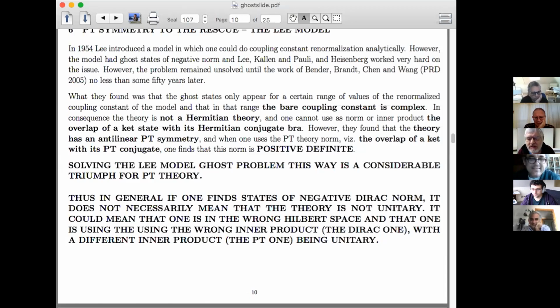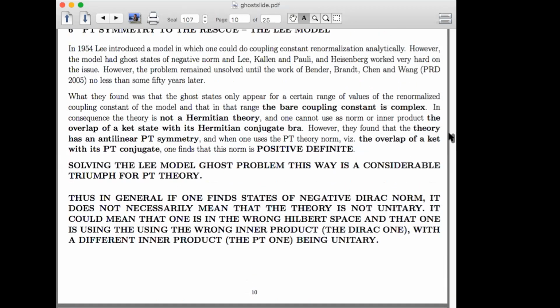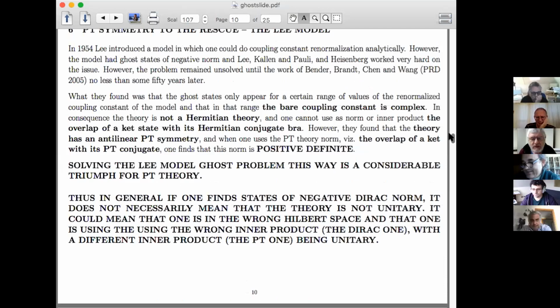But nonetheless, it's not just recognizing that the theory was not Hermitian, but recognizing that you had to use a different inner product. And anyway, maybe Carl can fill us in on some of the more background on that. But nonetheless, however it is, the Lie model now is a viable theory because there is a way to construct a Hilbert space in which the norm is positive definite.